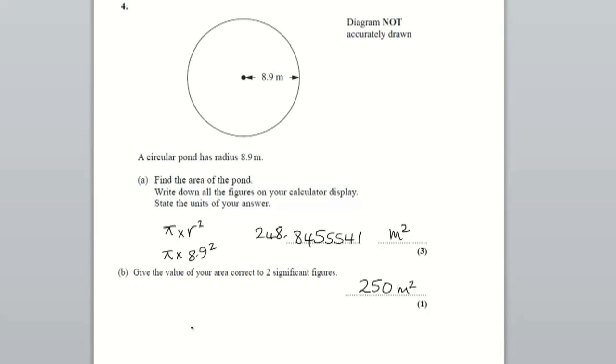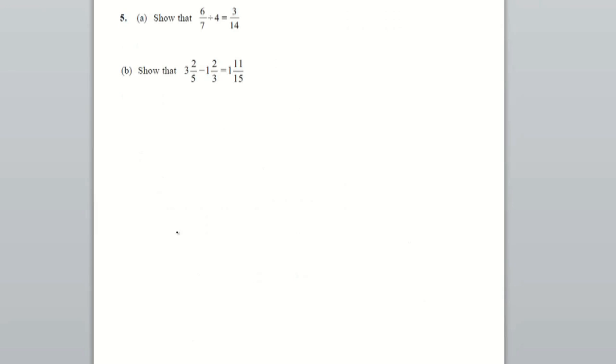Remember your place value. Show that's. Show that's with fractions. It's never going to be a winning solution to turn these into decimals. It's a sort of question to test if you know your methods to do with working with fractions. So 6/7 divided by 4/1 is the same as 6/7 multiplied by the reciprocal of 4, which is 1/4.